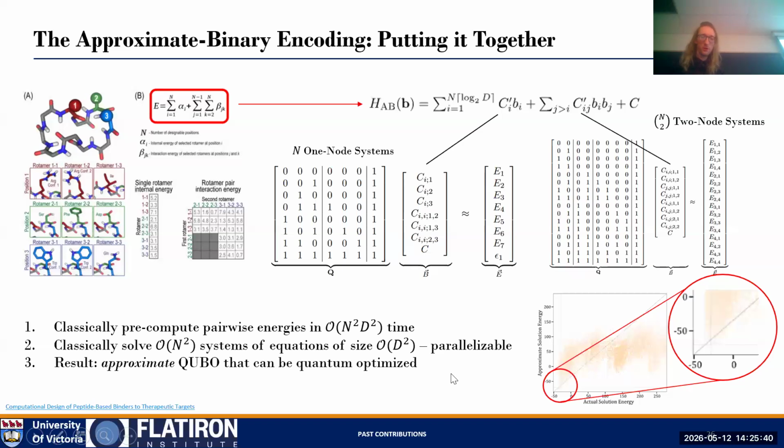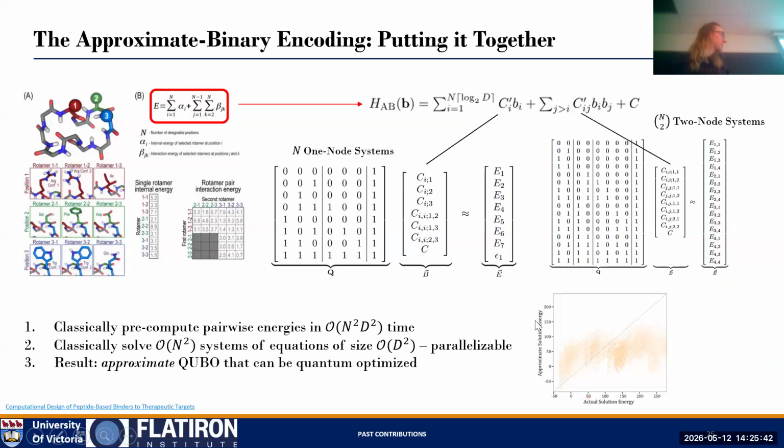In the lower right hand, I show for a small exhaustively enumerable problem a comparison between the approximate solution energies and the actual solution energies. Ideally, all these would fall right along the diagonal, but given the constraints that I was working with, that's not possible.